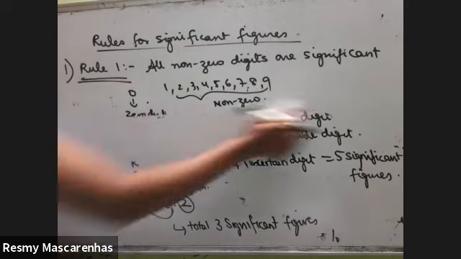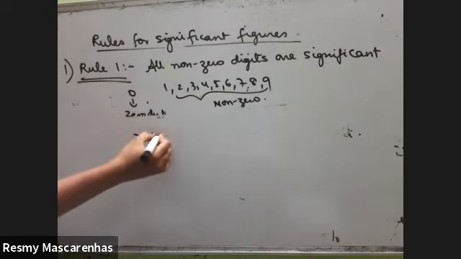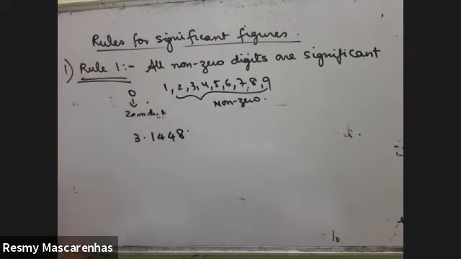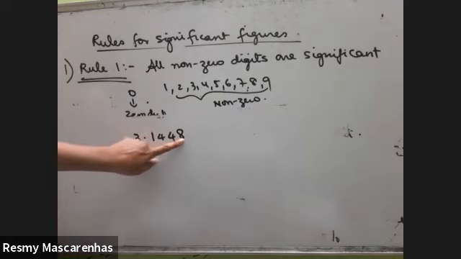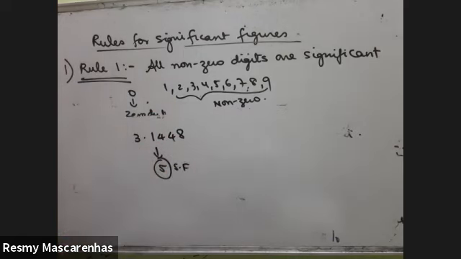For example, I want to know how many significant figures are there. As long as there is no zero involved, you can directly count all the digits. 1, 2, 3, 4, 5. How many significant figures? 5.